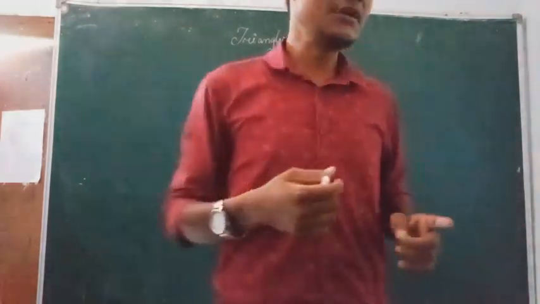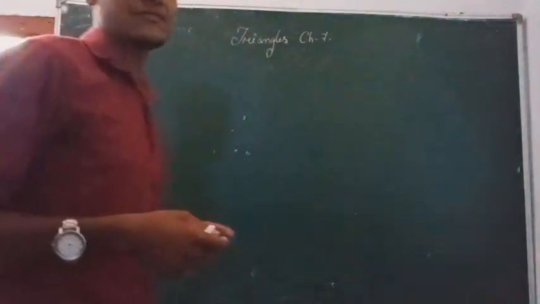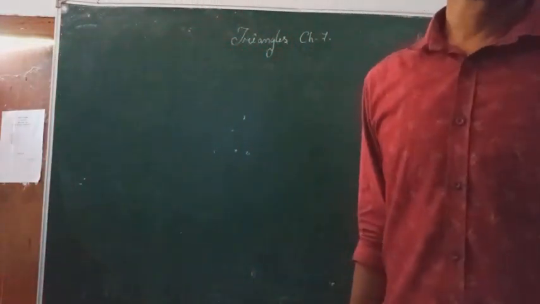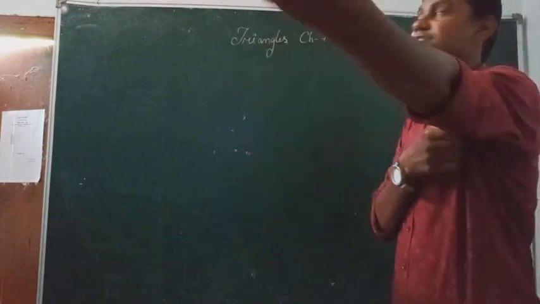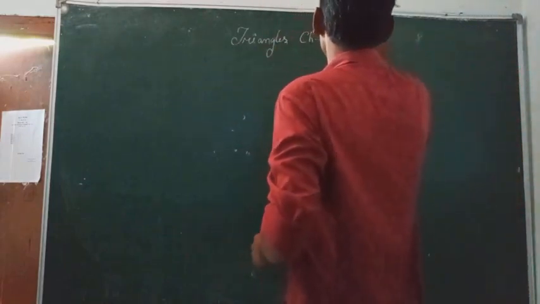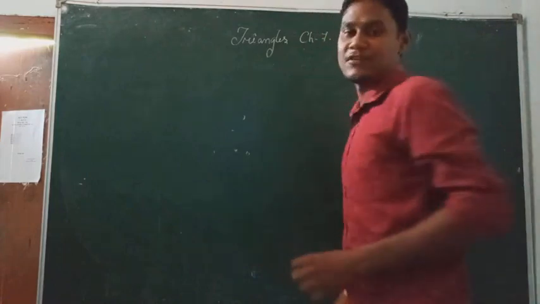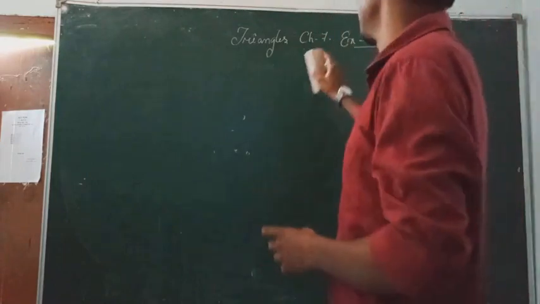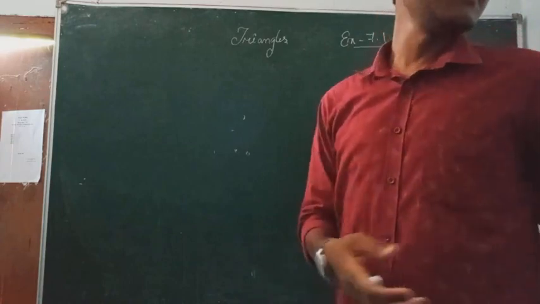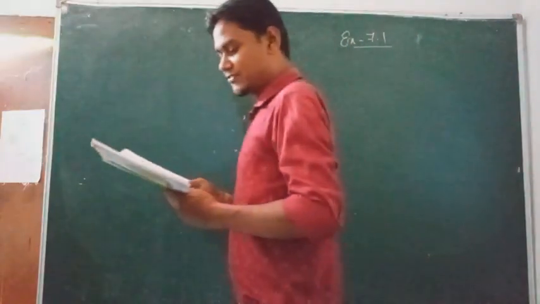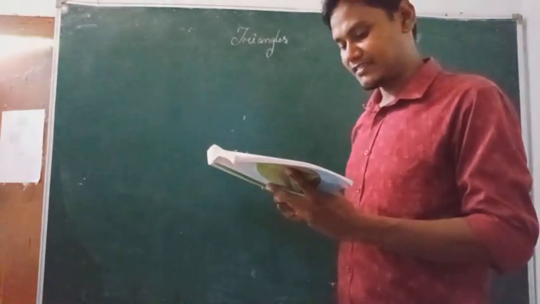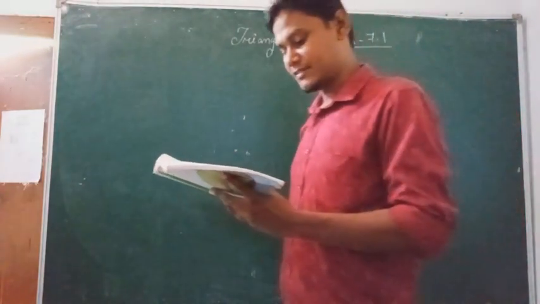So now we are going to solve a few questions from the exercise. Let us move to the exercise now. Just have a look at your book and look at question number 1 from exercise 7.1. The question is: in quadrilateral ABCD, AC equals AD and AB bisects angle A, see figure 7.16.